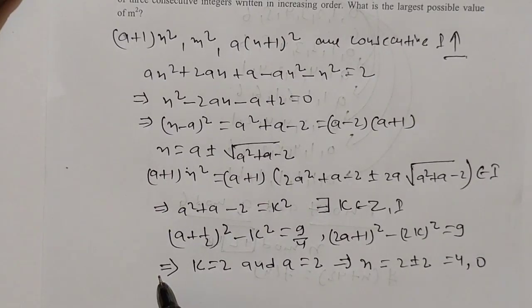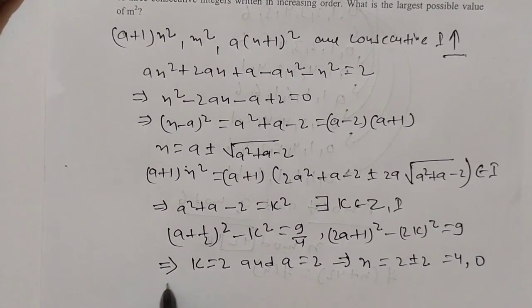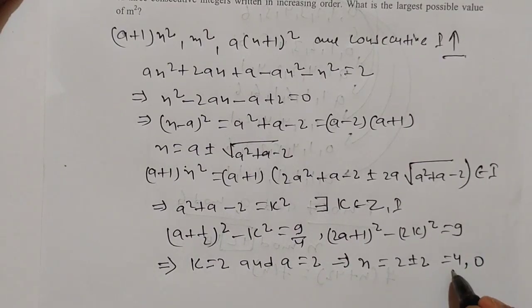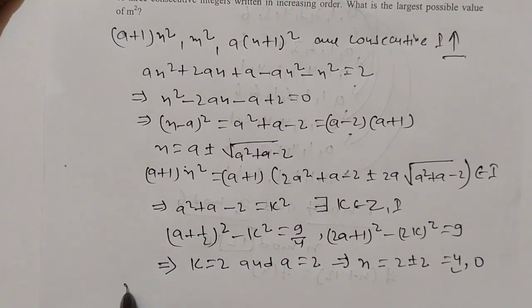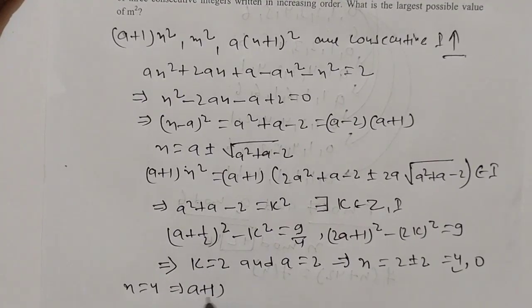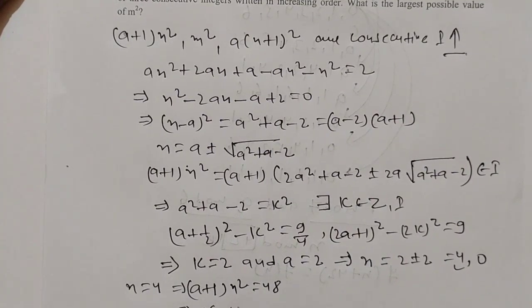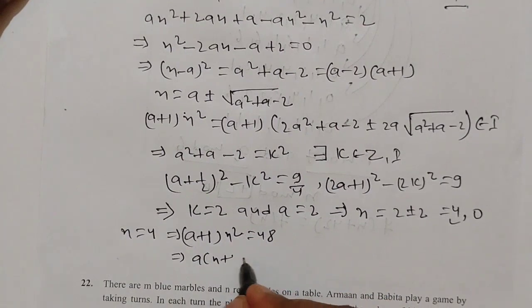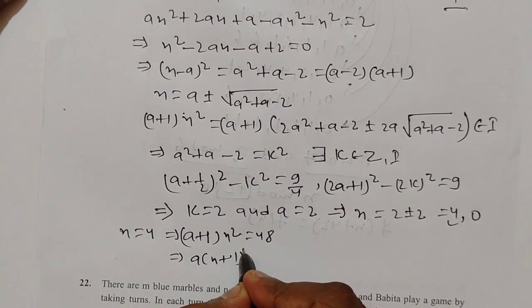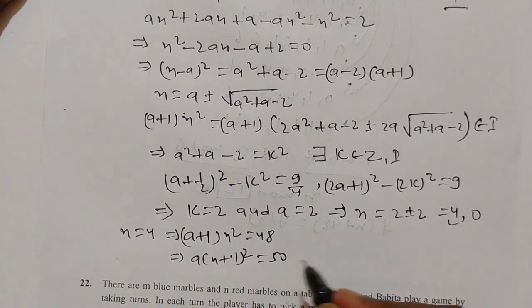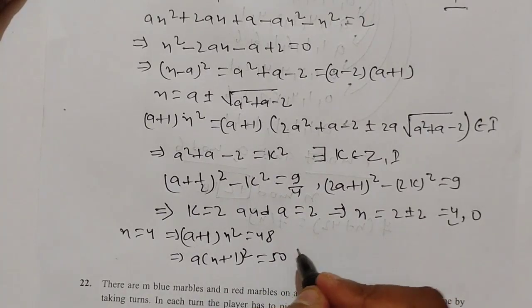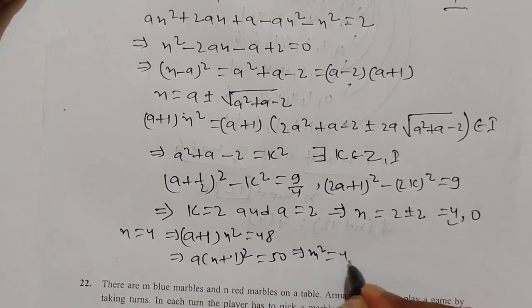Now first, if n is equal to 4. When n is equal to 4, this will imply a plus 1 into n square is equal to 48, and this will imply a into n plus 1 whole square is equal to 50, and here this will imply m square is equal to 49.